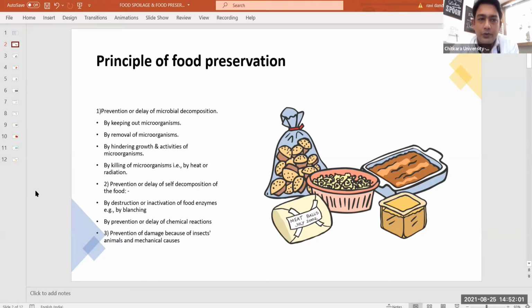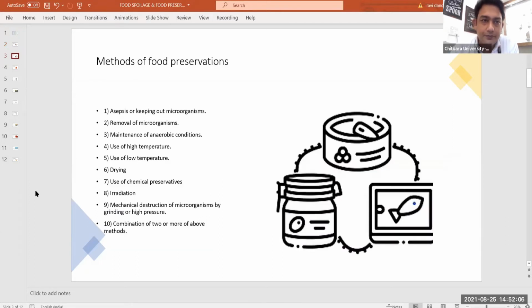Now, how should we achieve these principles? For that we have methods of preservation, and these are the 10 methods listed in front of you. Asepsis is the first one.